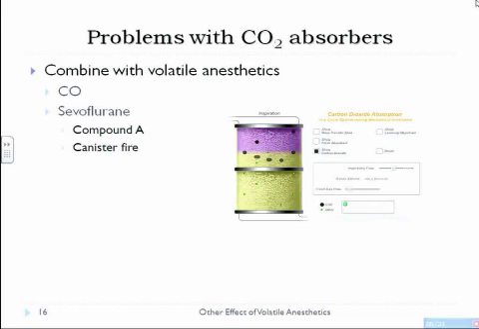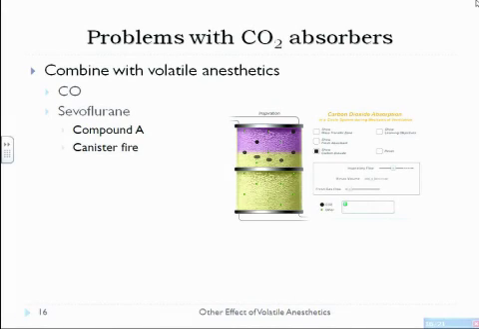If you look at this example here, this is a typical CO2 absorber device. Inside, the top layer is where the gas is initially coming in. This is actually turning purple, which indicates to you that this portion of the CO2 absorber is now consumed and no longer will be effective in removing CO2 out of the system.